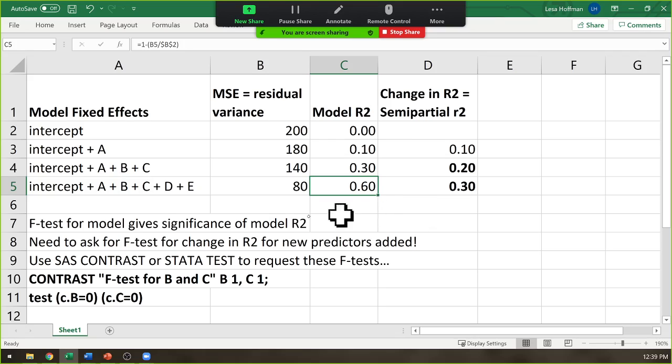But if you were to list all 5 of the predictors on there, that would recreate the F-test for the model because that's what it means.